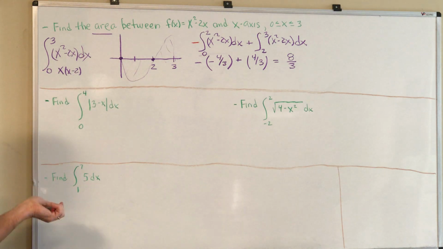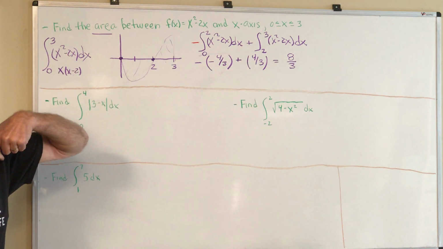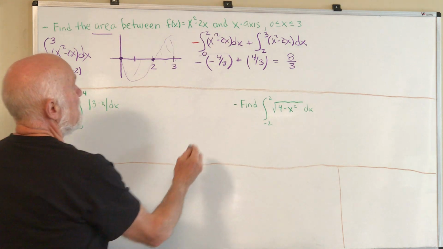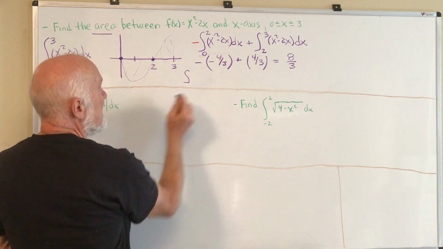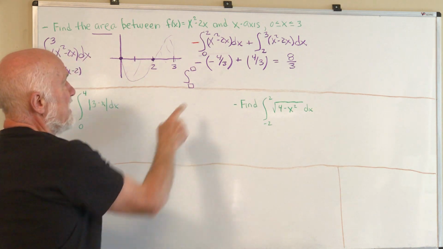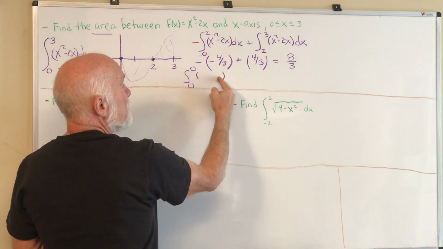Now, I don't have to spend a lot of time explaining how you would do that on a calculator. There's a button that you push that automatically comes up with an integral sign, and it gives you a little space there and there to put your a and your b, and then a space to put whatever your function is.